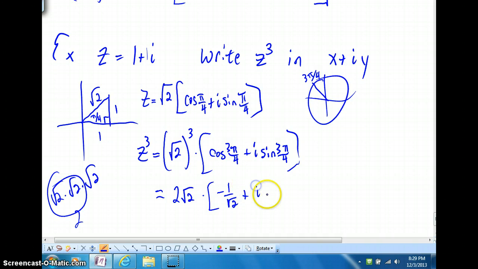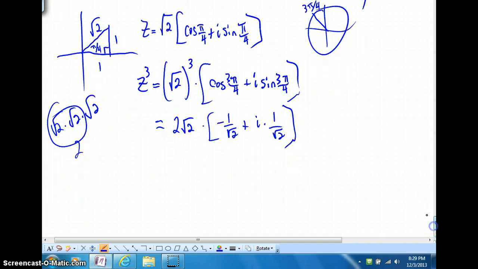Sine, however, is positive, so this would become 1 over positive root 2. Finishing this up, well, you just have to distribute. I think you can see why I like to write root 2 down below. You can see when you distribute, these radical 2's are going to cancel out. You'll have negative 2 plus, over here is 2i.